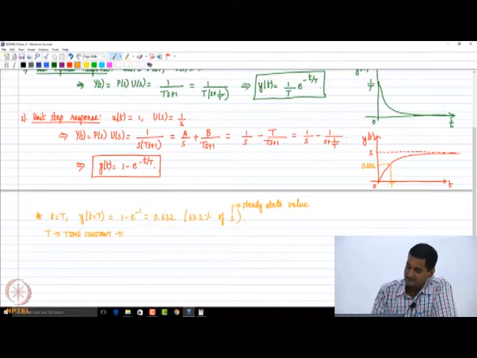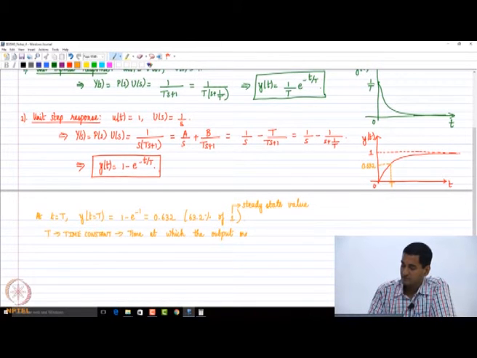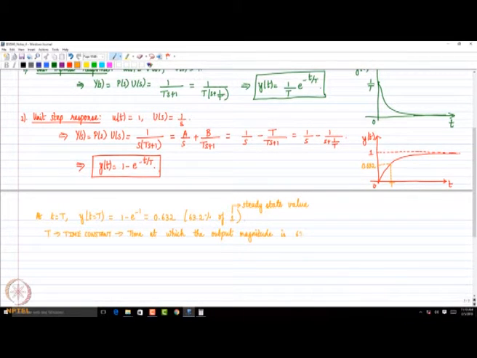It is defined as the time at which the output magnitude is 63.2% of its final steady state value. Of course, what goes without saying is that this is for a stable first order linear time invariant system, because that's the system we are analyzing.